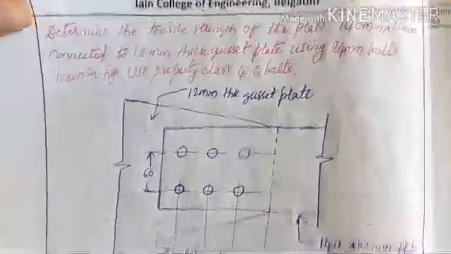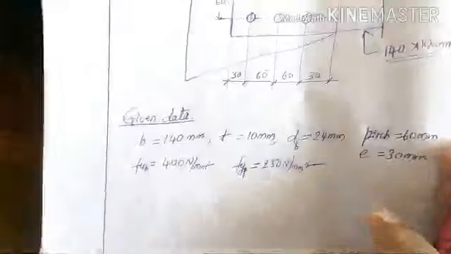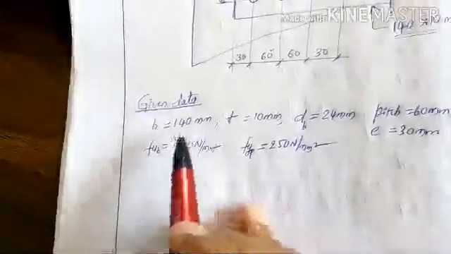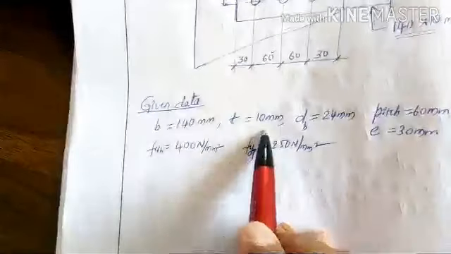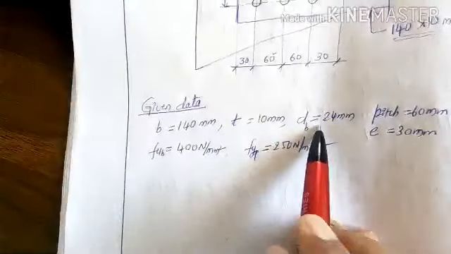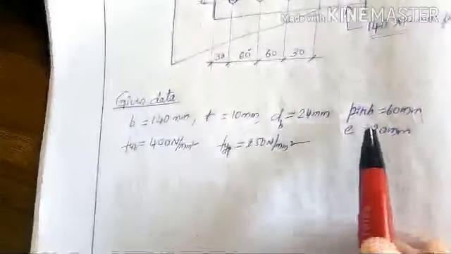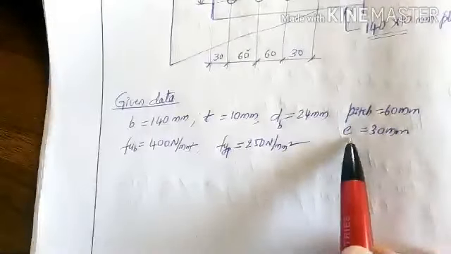So let us first write the given data. The width of the plate is 140 mm, the thickness of the plate is 10 mm, diameter of bolt 24 mm, the pitch is 60 mm, and edge distance is also given.